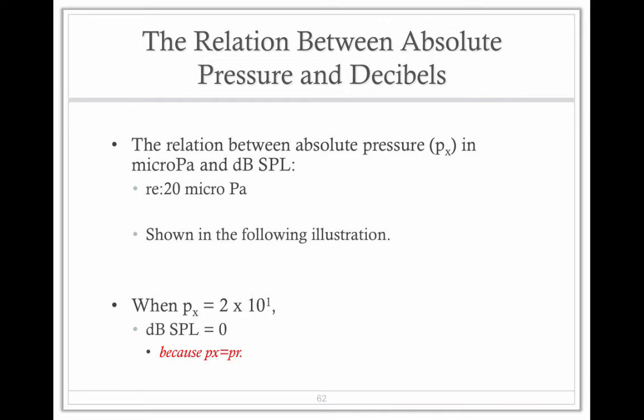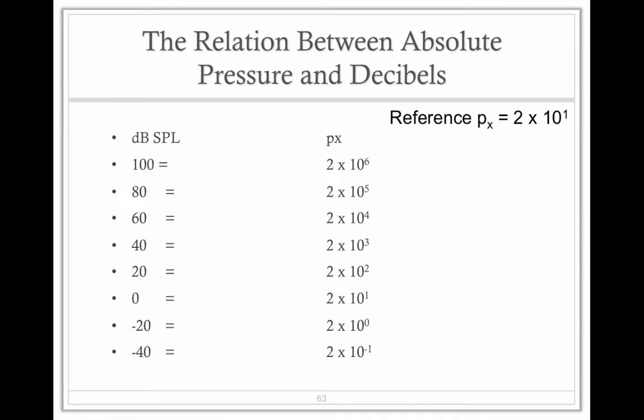So the relationship between absolute pressure in micropascals and dB SPL, remember, 20 micropascals is now our reference. And here you go, let's do some more formulas just like we did before. The relative value, dB SPL, is on the left.